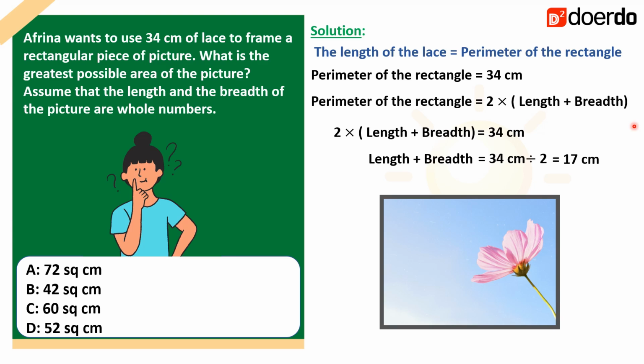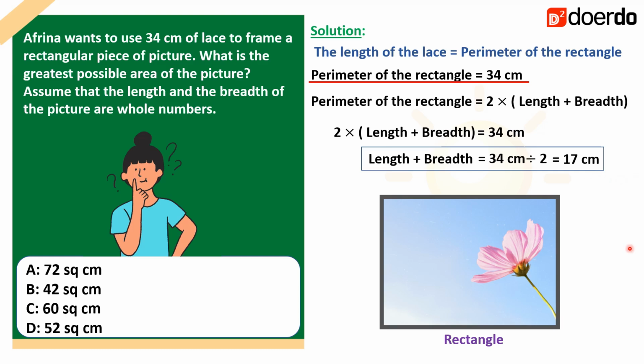Now we obtained the condition that the sum of the length and breadth is 17 centimeters. The only information we know is the picture is in rectangular form, and its perimeter is 34 centimeters. And from that, we found the length plus breadth is 17 centimeters.